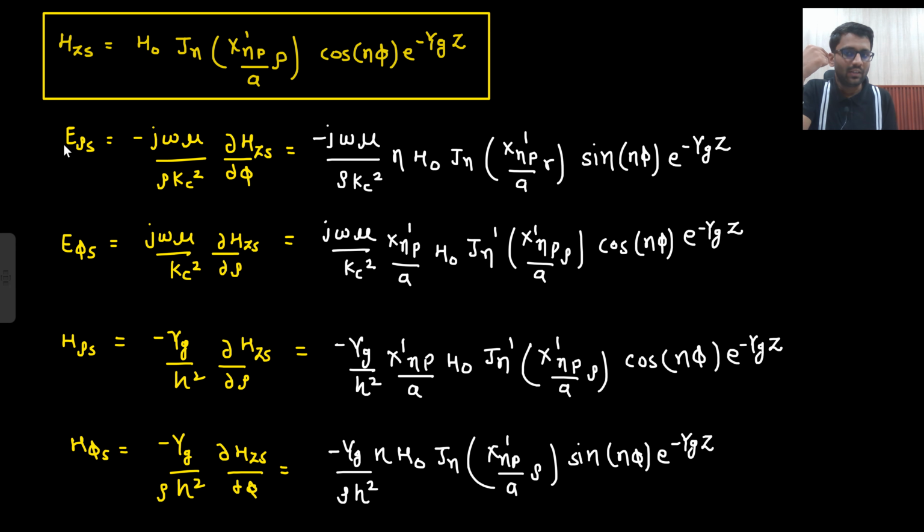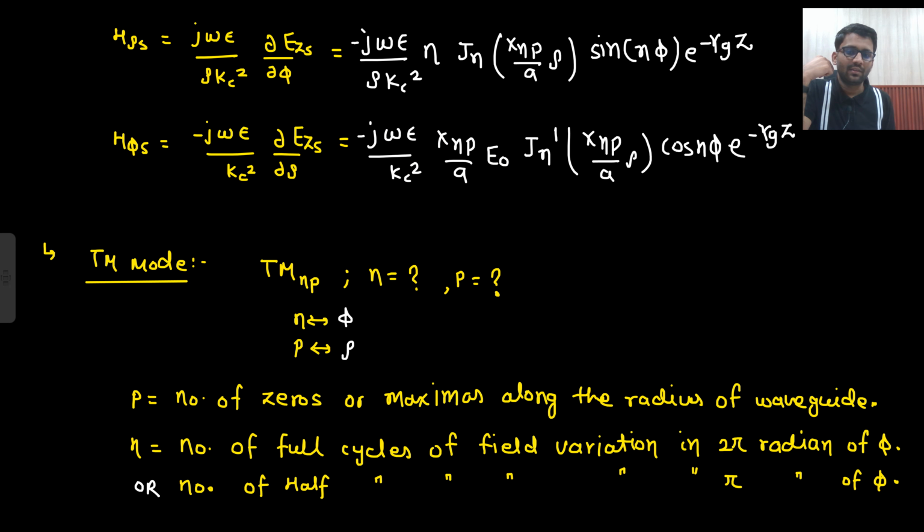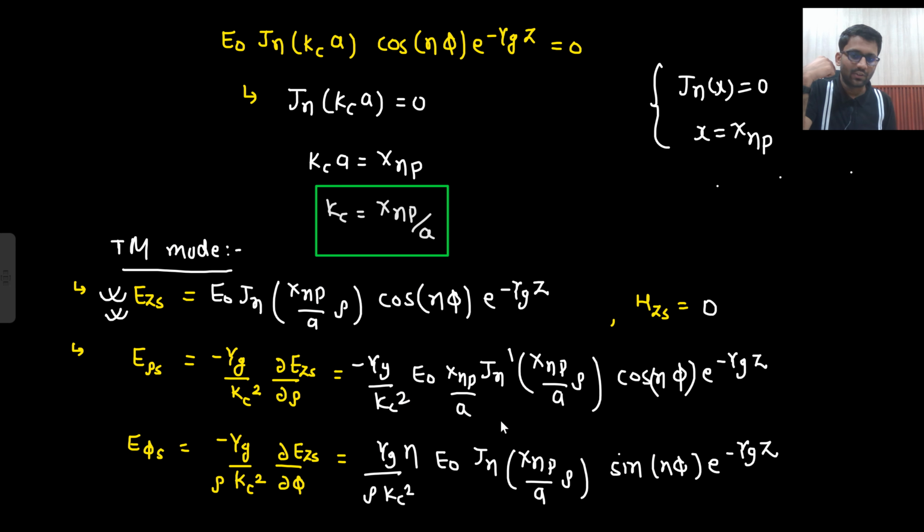Here what you are seeing, E rho is a function of Jn sin phi. Previously E rho was a function of Jn dash cos phi. So it is easy to remember. In case of rectangular waveguide, Exs was always a function of cos x sin y, no matter whether it is TE mode or TM mode.